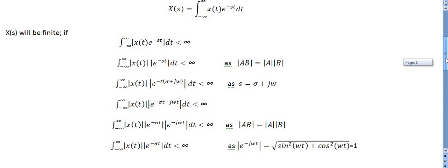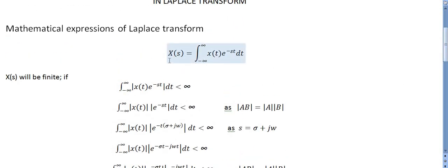So we started with the definition of Laplace transform, that is X(s) is equal to the integral from minus infinity to infinity of x(t) e raised to minus st dt. s is a complex frequency which is equal to sigma plus j omega. Then for the existence of X(s), that means to get the finite value of X(s), the absolute value of this integration should be less than infinity, or it should be absolutely integrable.